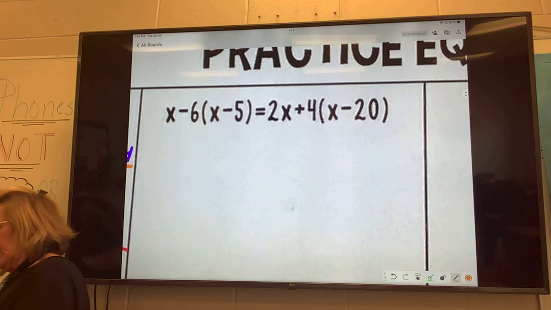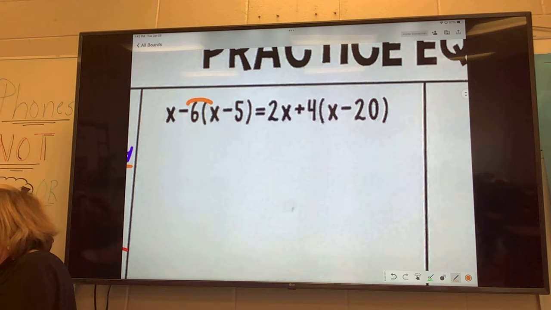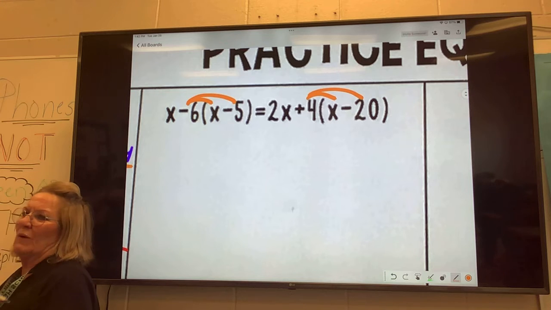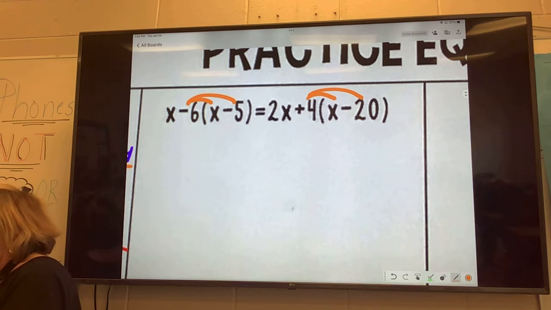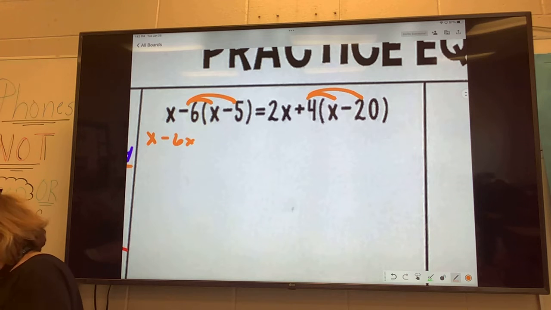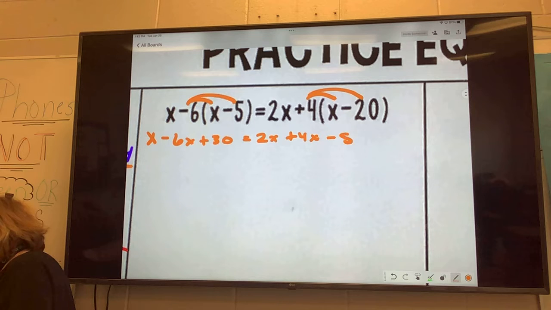This one. I'm going to go through first, and I'm going to distribute. You're only distributing what's right next to the parentheses. X minus 6x plus 30 equals 2x plus 4x minus 80.